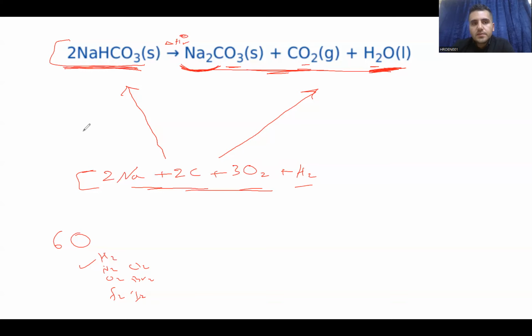Over these arrows, in step 4, we have to write delta H's over this arrow and this arrow. So let's talk about this arrow. Which delta H should we include here? What do you think?